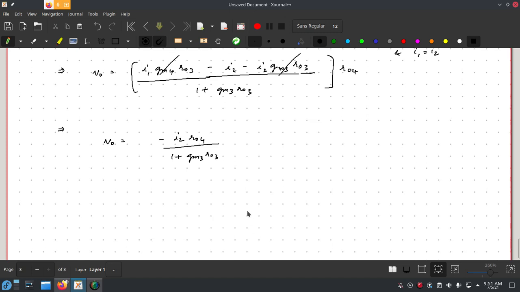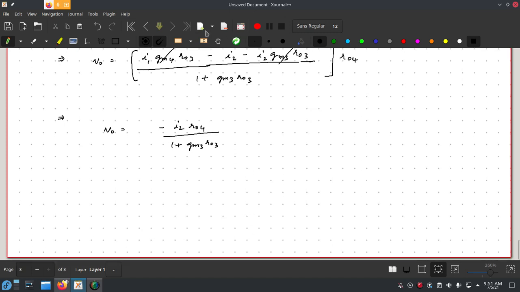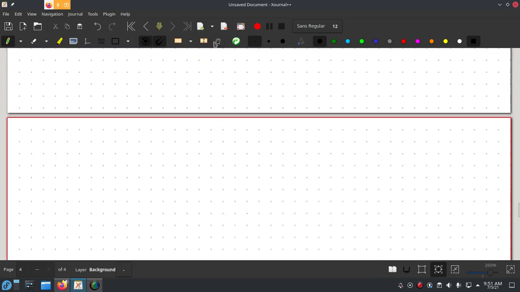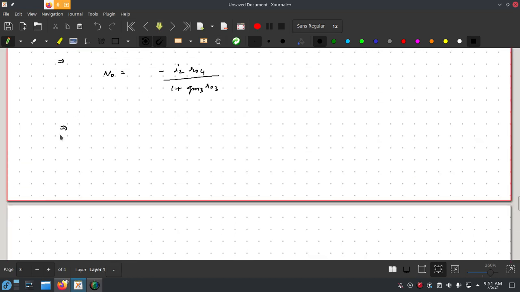Now I2 we have derived as VICM divided by 2 RSS. So V naught is minus VICM divided by 2 RSS into R04 divided by 1 plus Gm3 R03.